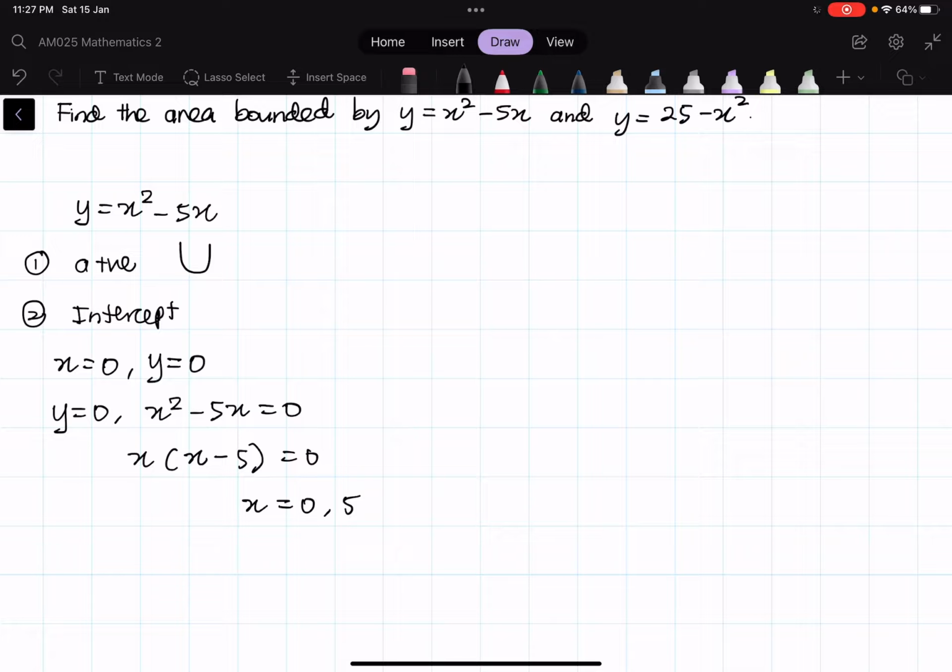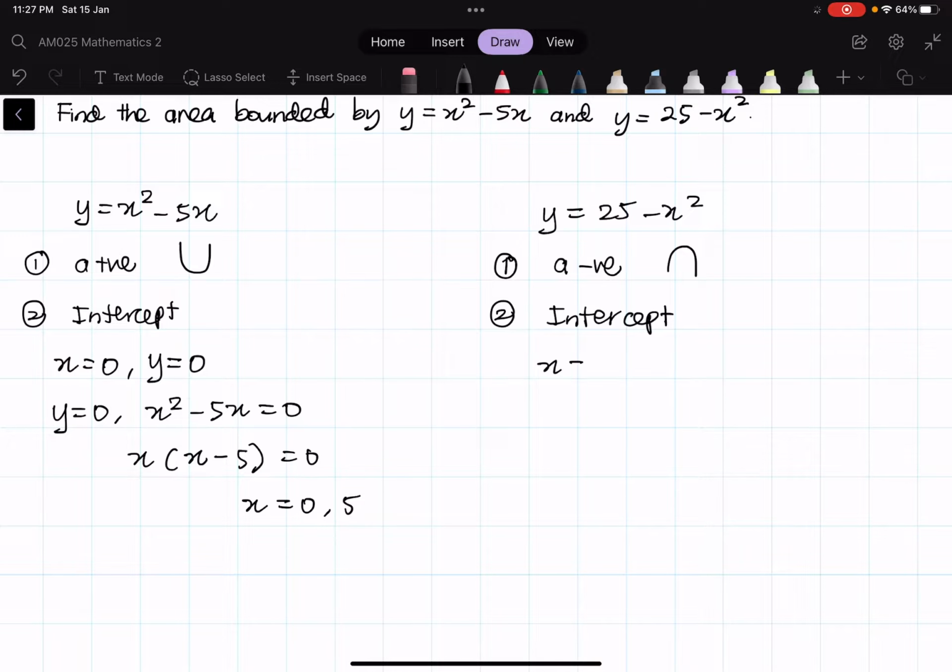Now let's take a look at the second curve, which is y equals 25 minus x squared. Let's look at the basic shape of our graph. The coefficient of x squared is negative, so it's going to be a frown graph. Let's find the intercepts.